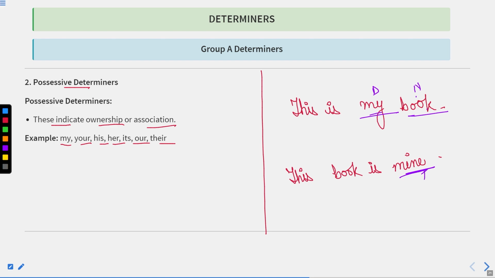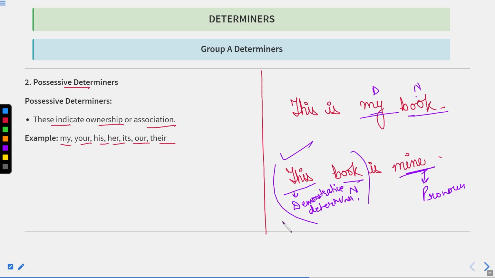So mine is a pronoun, but it is not a determiner, because we cannot use a noun just after it. However, in this book, book is a noun and this is a demonstrative determiner, because it is just qualifying the noun. So here this is the determiner, whereas here my is the determiner.